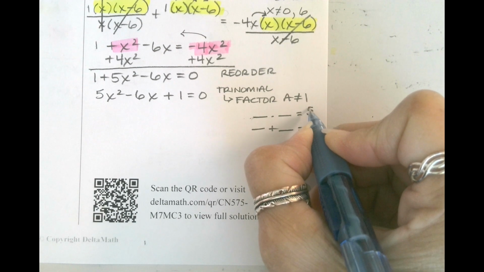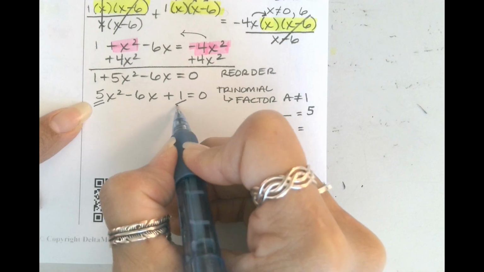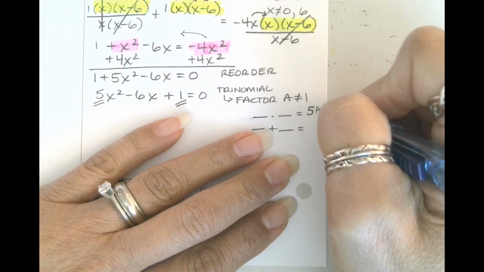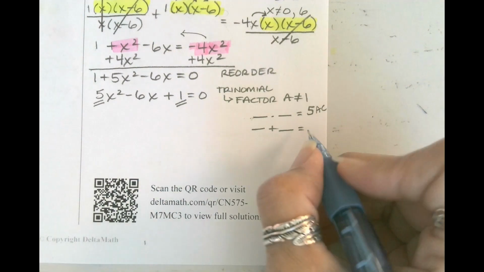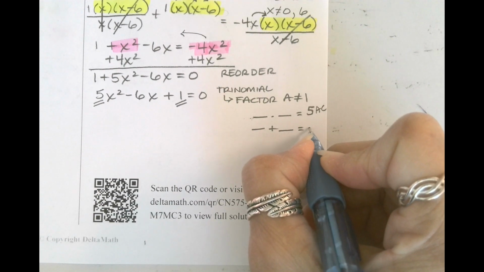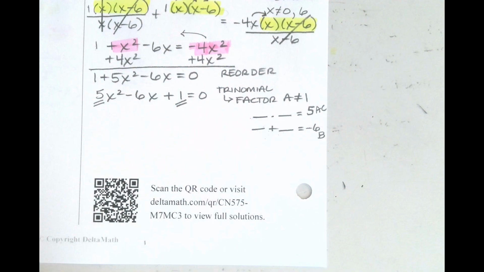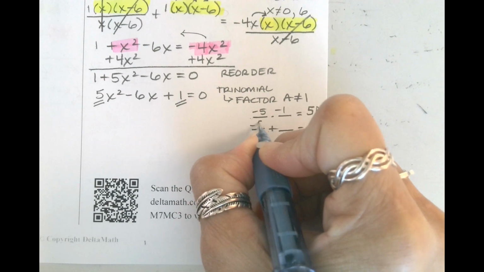Because you have to multiply A times C. If you forget that, write AC next to your notes to remind you that when A is not 1, you are multiplying A times C. What am I trying to add to get to? Negative 6, our B value. So what were those answers? Negative 5 and negative 1 is correct.